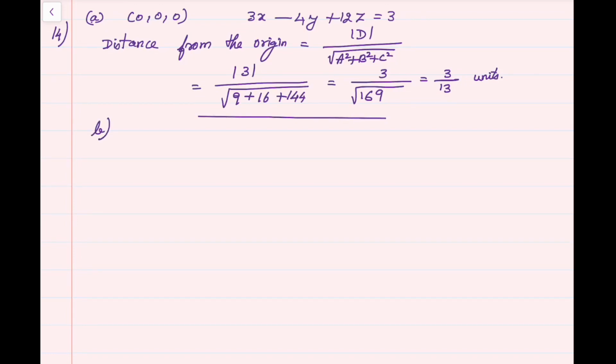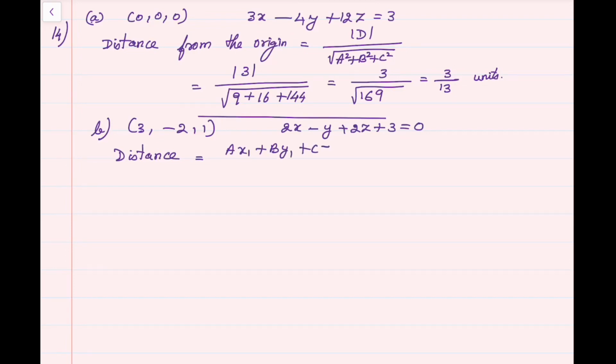B subdivision. The point is 3, minus 2 and 1 and the plane equation is 2x minus y plus 2z plus 3 is equal to 0. So, the distance formula, that is the distance of a plane from a point, is absolute value of ax1 plus by1 plus cz1 plus d divided by root of a square plus b square plus c square, and we have the absolute value sign because distance cannot be negative.